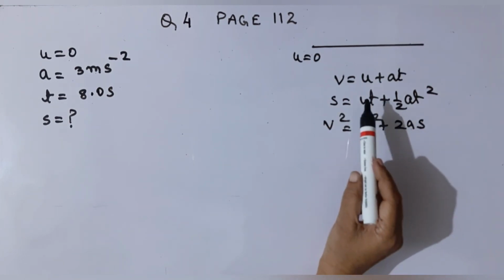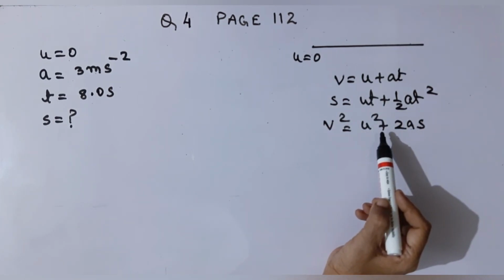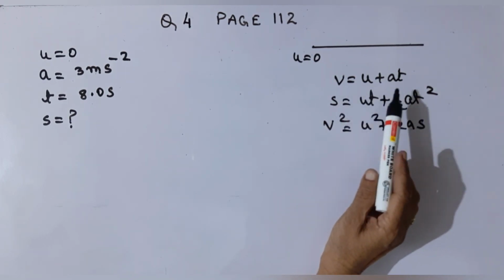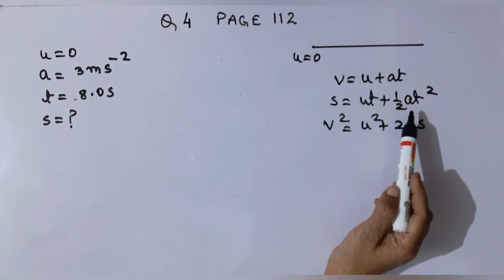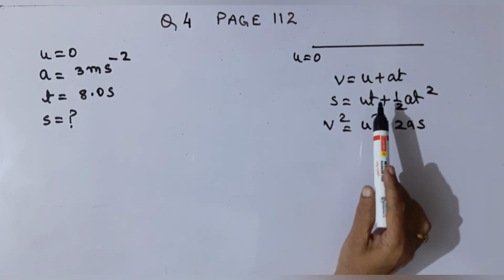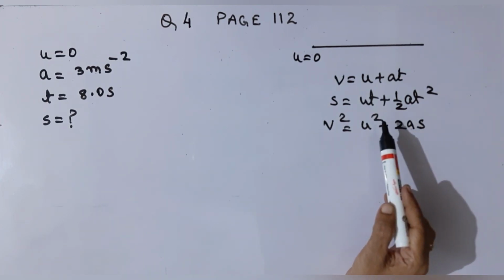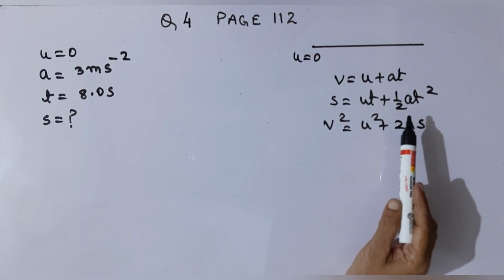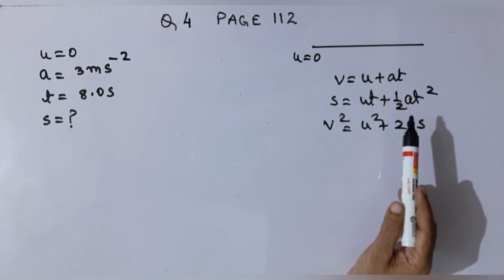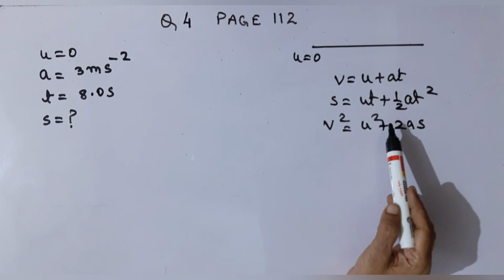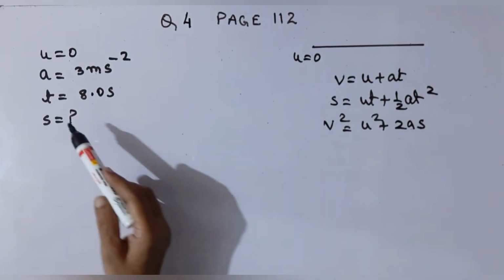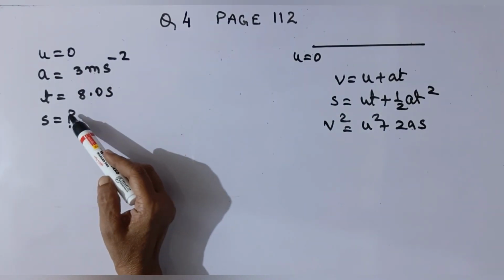You will see that all 3 equations contain 4 variables: v, u, a, t, s. In all 3 equations there are 4 variable quantities. We can calculate any one quantity if the other 3 are known. So we have to see what are the given quantities.